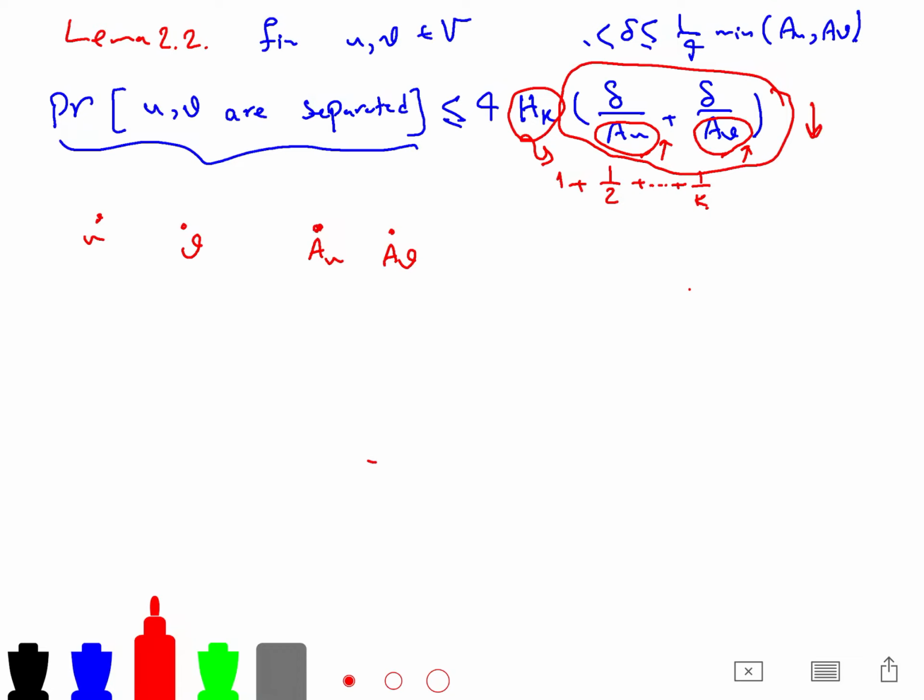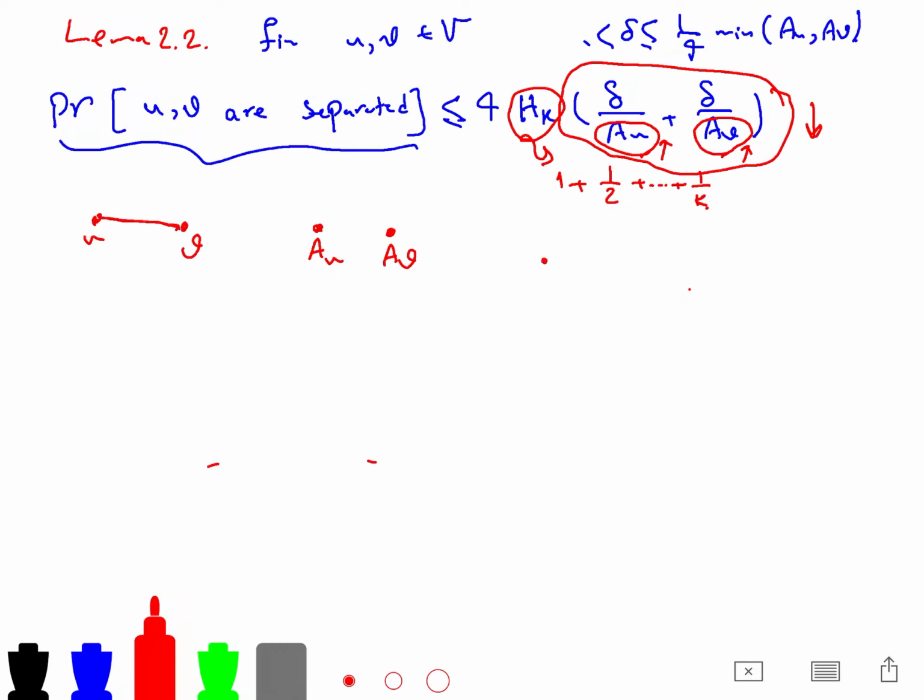If AU and AV are very far apart from U and V, then the probability that U and V are being cut is very, very small.